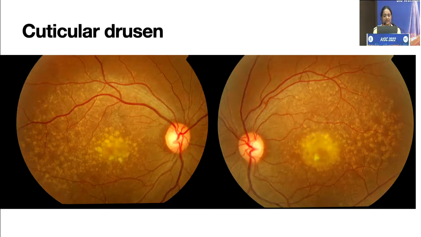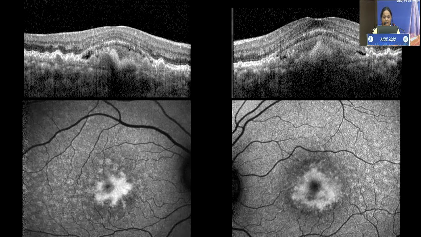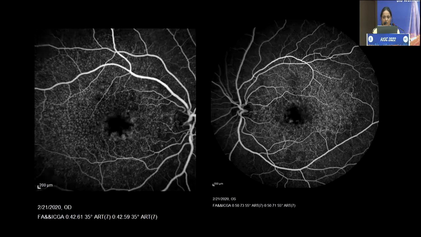So this is a very interesting case of cuticular drusen. I would not expect anybody to find a membrane, but I did because I have OCTA. So this is the AF showing a lot of hyper AF material. You can see these vitelliform lesions in the subretinal space. This is starry sky appearance. Where can you see a CNVM? You can't.